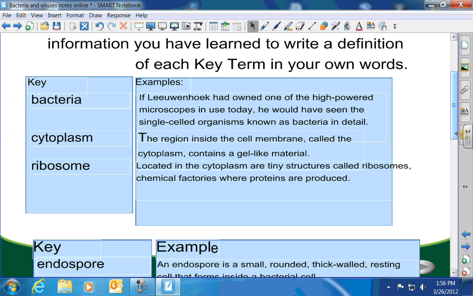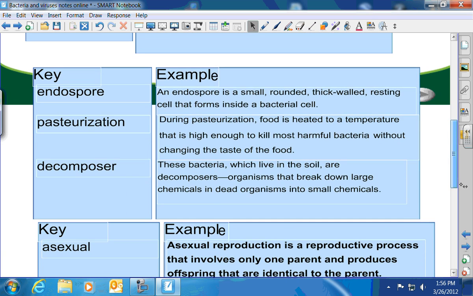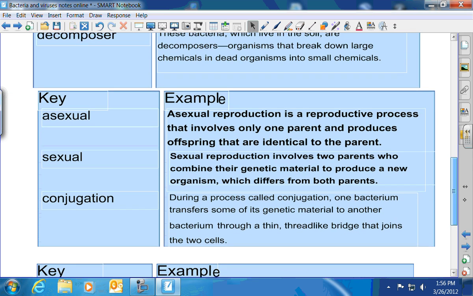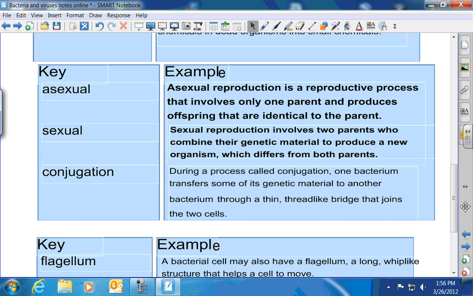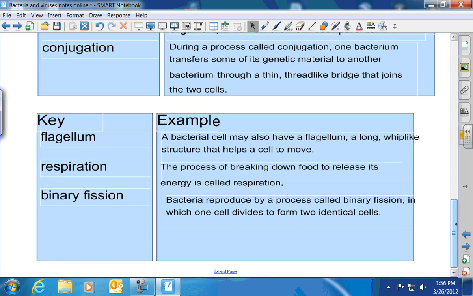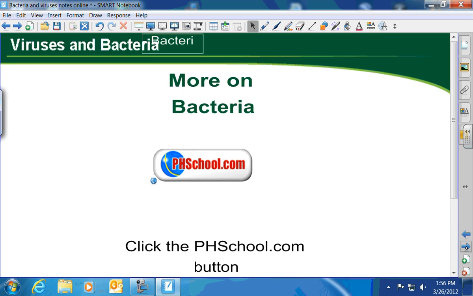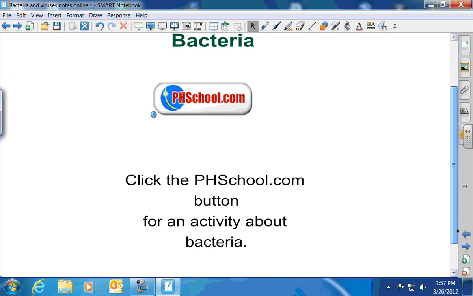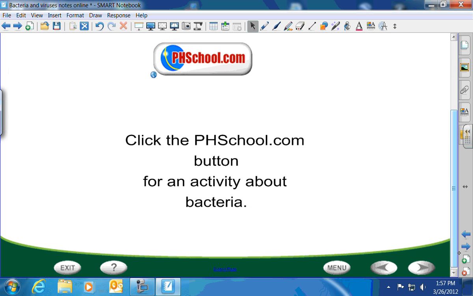So there's cytoplasm, ribosomes, endospores, pasteurization, decomposers. Then we have asexual and sexual reproduction, conjugation, which is a type of sexual reproduction. We also have flagellum, which is our flagella and cilia. Respiration, binary fission. That will take you to a little place. I hope it works for you.